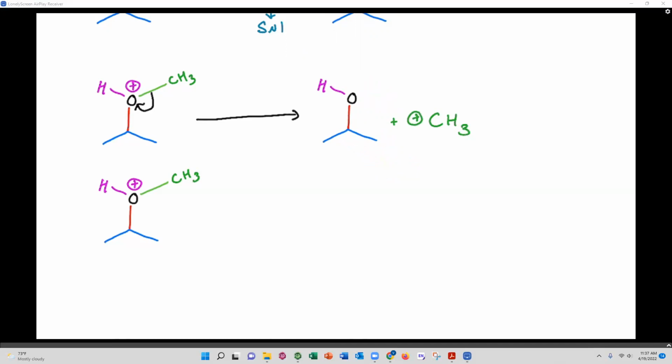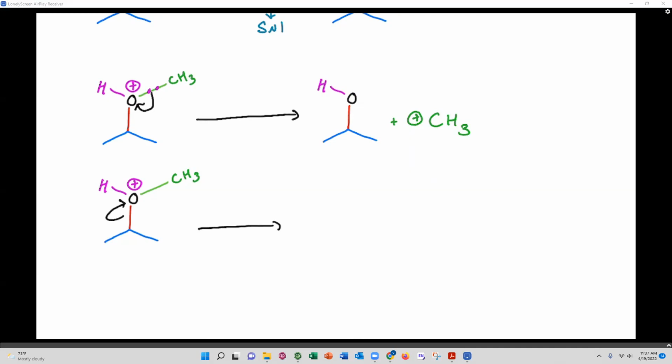Why? Remind yourselves that the two electrons in that bond are always going to go with the leaving group. So that doesn't look very good, right? That doesn't look great. So the other option, of course, would be to have my methanol as my leaving group.